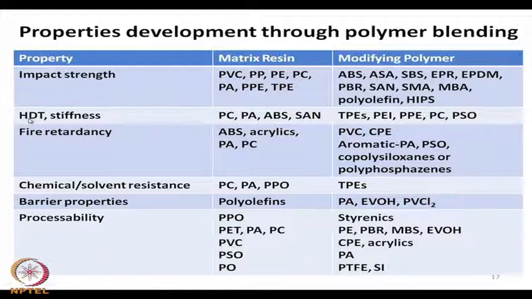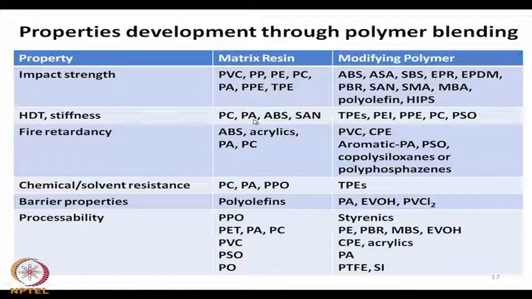Heat deflection temperature or stiffness. Now, the polymer should remain dimensionally stable at elevated temperature or in a thermal environment. To increase the heat deflection temperature means it should not deflect during service.